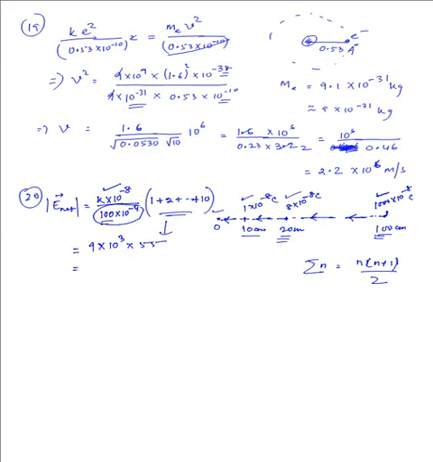This is 10 times 10 plus 1 is 11 over 2, so 10 times 11 is 110. 110 over 2 is going to give us 55. So 55 times 9 is 495, if you know. 495 can be written as 4.95 times 10 raised to the power 5 Newton per coulomb.